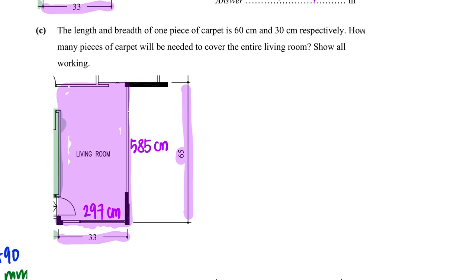And the carpet is in this form, so it will be 60 by 30. So for one carpet, it will look something like this, where I will have the 60 cm and 30 cm.